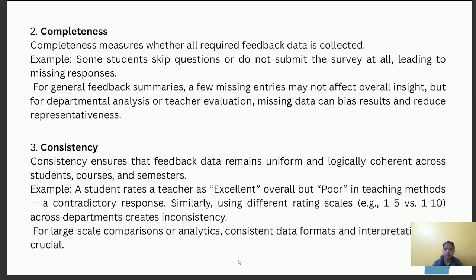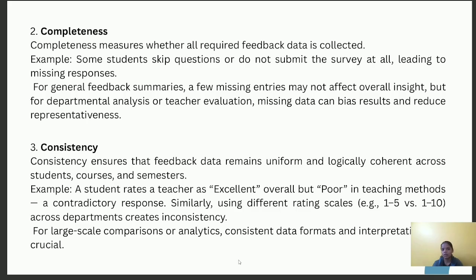Now, second, completeness. Completeness measures whether all required feedback data is collected or not. Here, the example: some students skip the questions or do not submit the survey at all, leading to missing responses. For example, when we are filling the feedback form, many of them had not attended the class, and still they are giving ratings according to their choice.